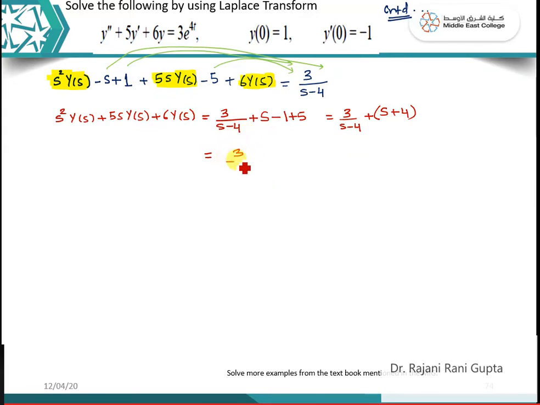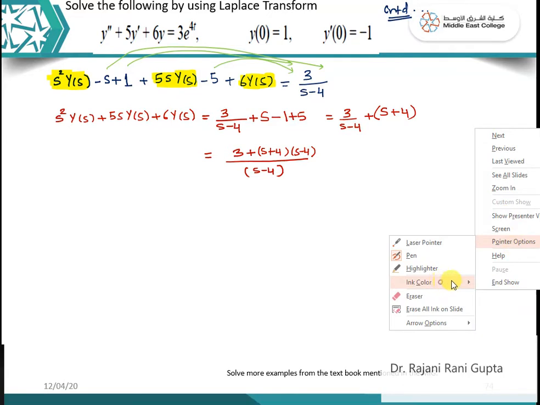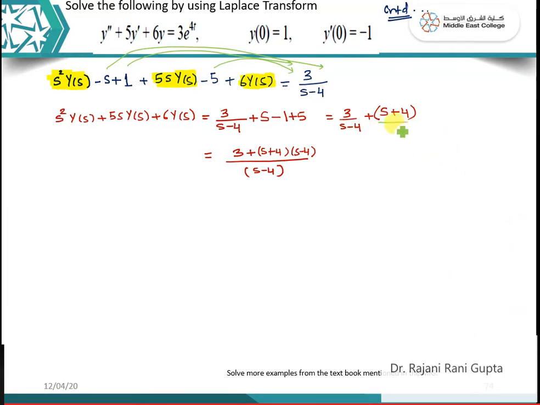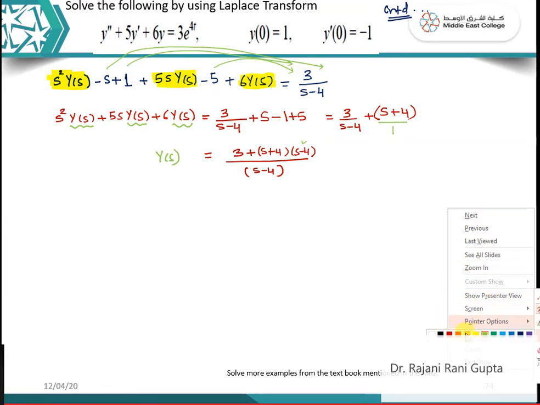For the 3, we take the LCM as s minus 4. This gives you 3 plus s plus 4 times s minus 4, because we solved it by considering it as, say, divided by 1, then cross multiply. So we got the term s minus 4 here. Similarly here we have y of s, so we take y of s as a common factor and see what we are left with.